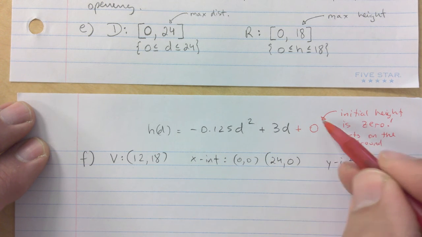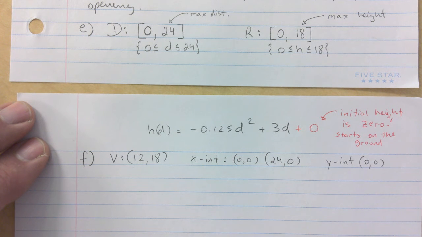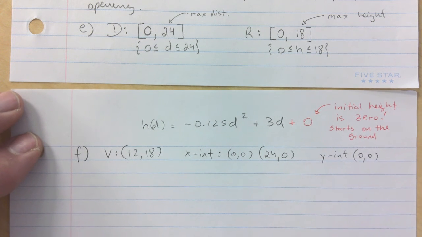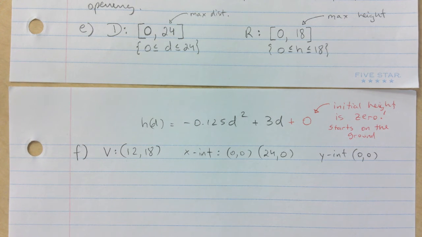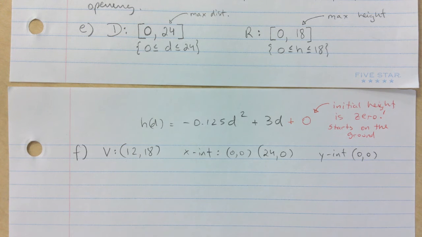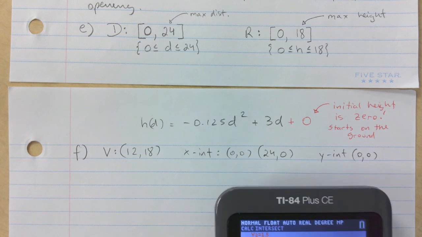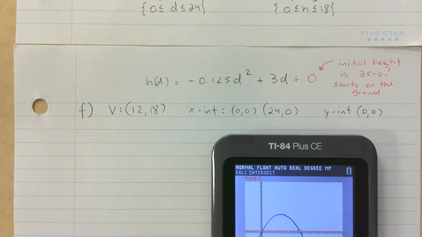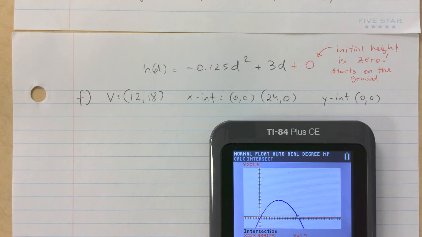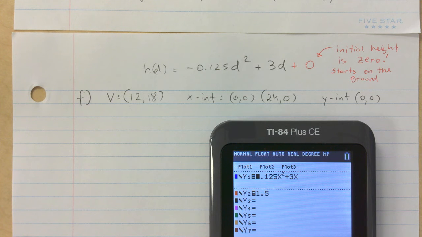Whenever you see the constant term missing, you know that this action starts on the ground. And if you're not sure, it doesn't take long to double check. If you're looking at your calculator and you're like, wait a minute, what was the other x-intercept again? Let's change that to 0.